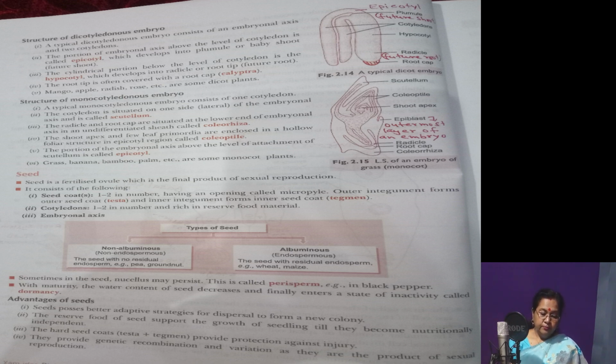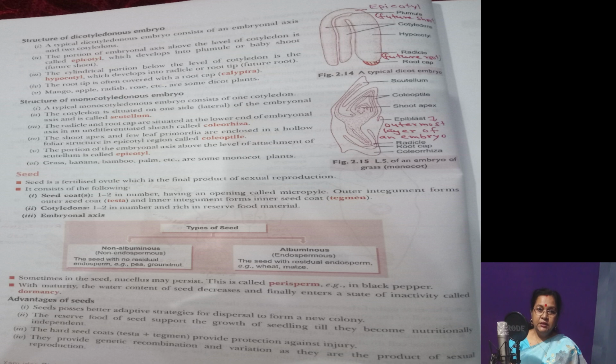On the embryonal axis, there is a protective covering sheath, coleoptile, which protects the leaf primordia, which forms the plumule, and the lowermost part consists of coleorhiza, which protects the radicle and the root cap, which is supposed to give rise to the root system.